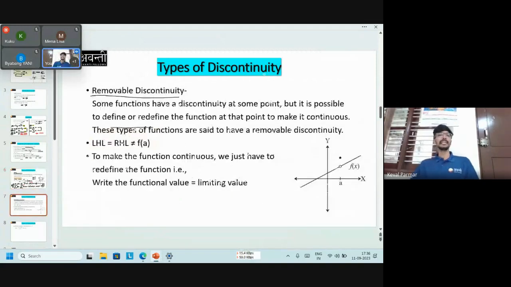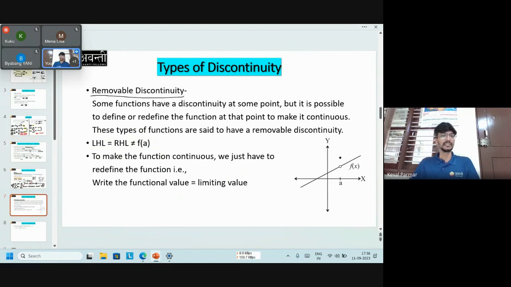Let's move on to the next, which is removable discontinuity. Removable discontinuity means some functions may be discontinuous, but if we change the functional value, the function becomes continuous.